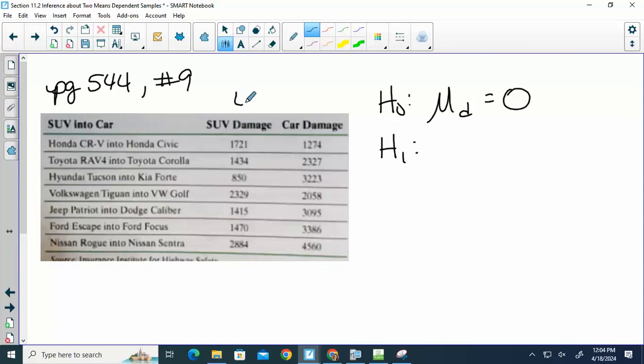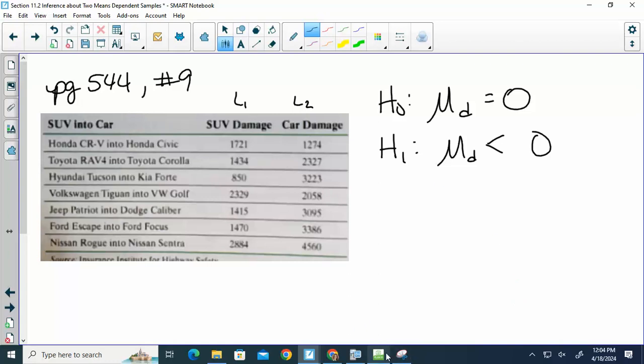So if this is my L1, this is my L2, this is where we really have to think. If this one has less damage, when you subtract, what kind of number should you get? Negative. So my alternative should be less than 0. Does everybody understand that part?